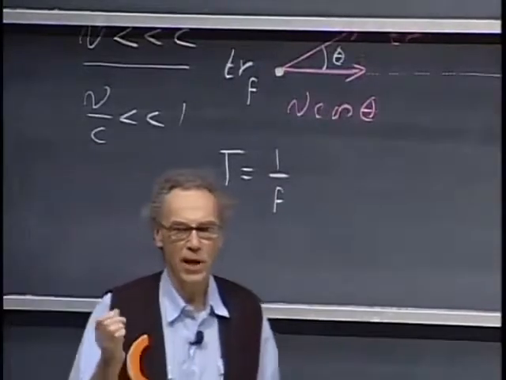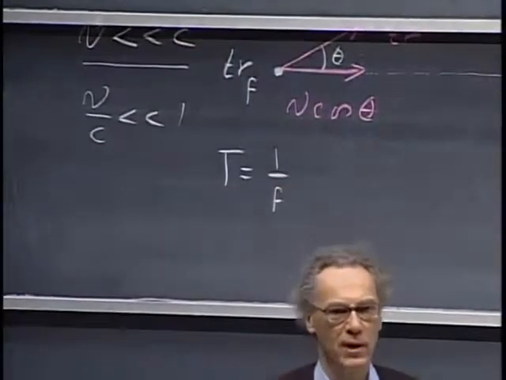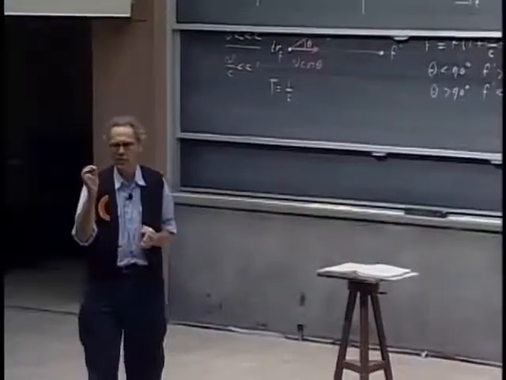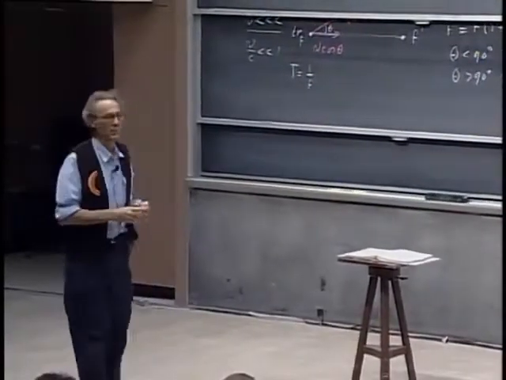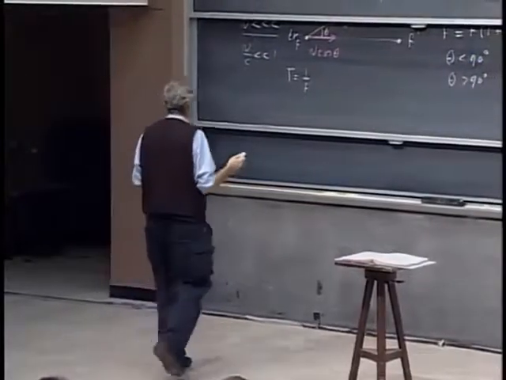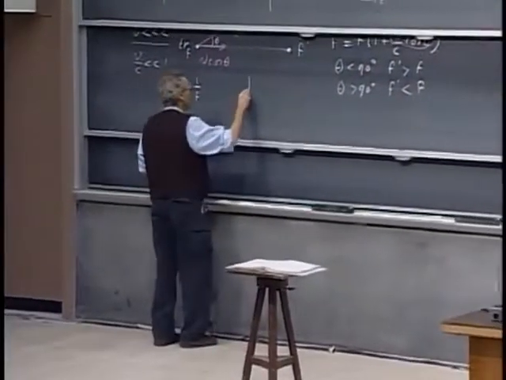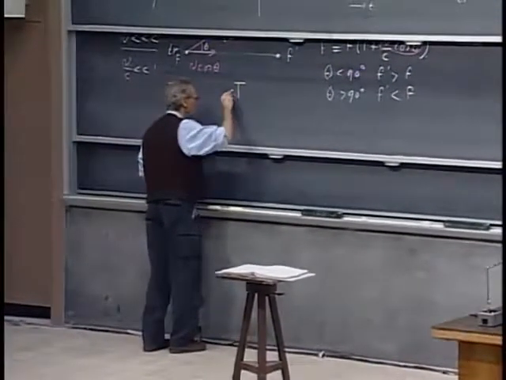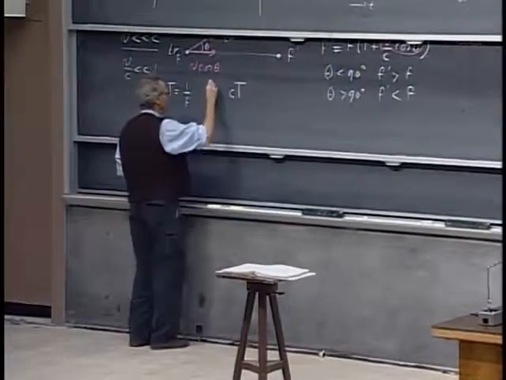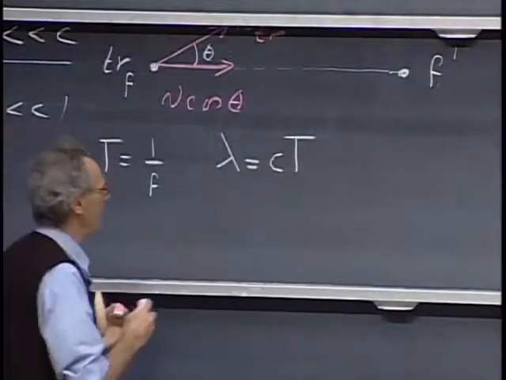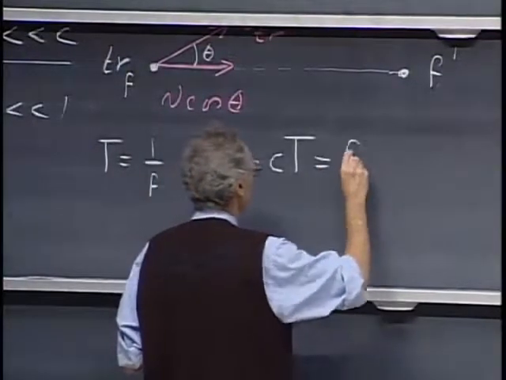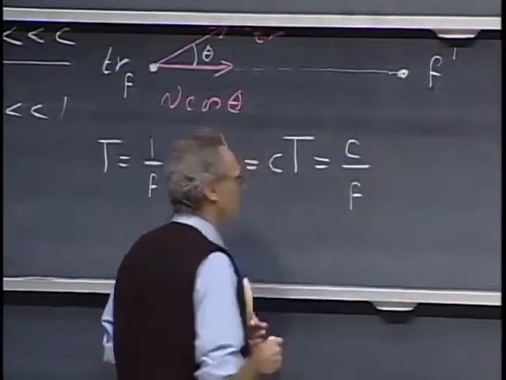I can ask myself now the question, how far does electromagnetic radiation, how far does light travel in the time of one period, capital T? Well, it goes with the speed of light, so in capital T seconds, it moves a distance cT. And that distance we call the wavelength of electromagnetic radiation. Lambda equals cT, for which you can also write c divided by f.